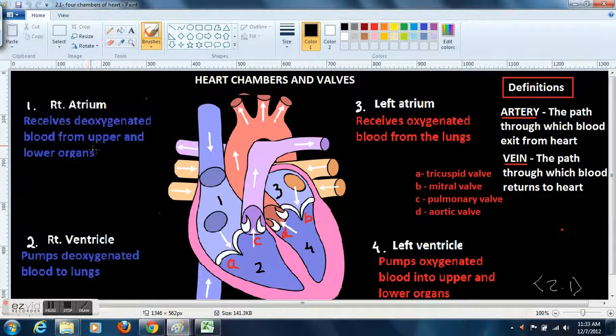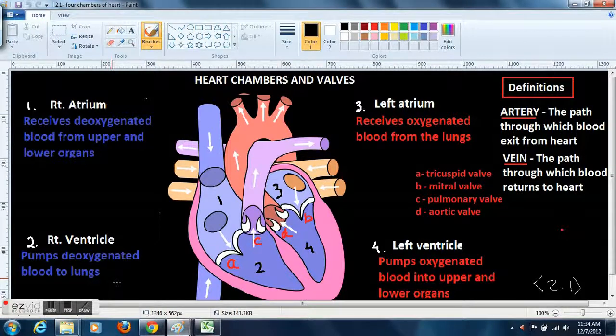I have indicated with number 1, 2, 3, 4. Chamber number 1 is right atrium. Here heart receives deoxygenated blood from upper and lower organs. And just below that is the number 2, that is right ventricle. From here heart pumps deoxygenated blood to lungs. So from 2, that is right ventricle, the lower one, deoxygenated blood is pumped to the lungs.